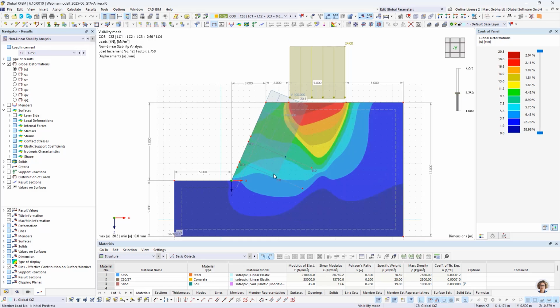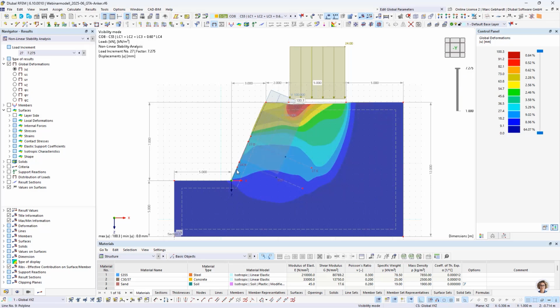And activating the anchors until a failure comes with little higher load.